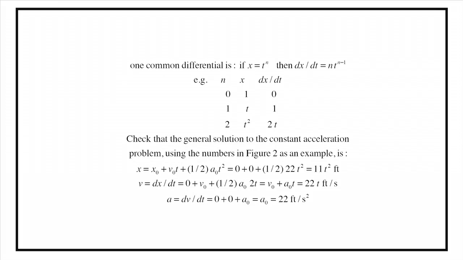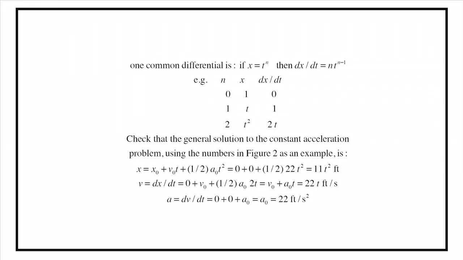And dx dt will be 2 times t to the n minus 1, which is first power, so it'll be 2t. So I just took those two equations on the top line and put in n equals 0, 1, and 2, which correspond to the three terms that will be important in this case. And then wrote down what x is for the three cases and what dx dt is for those three cases, all using just that information on the top line.